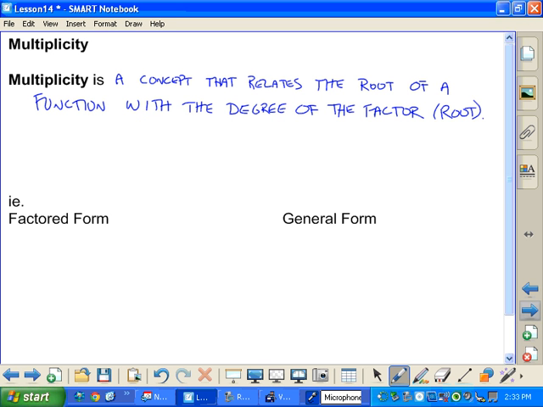So it's a connection between the degree of that factor and the root itself on the graph.